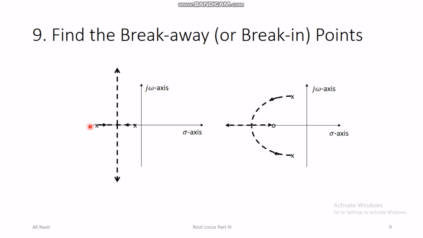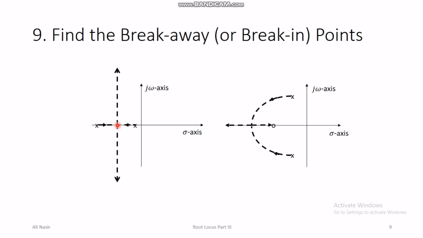The first example is that there are 2 poles, and their root locus is such that this is the open loop location of the pole, this is the open loop location. When you start to increase the gain, this pole moves this way and this pole moves this way. And when both of these poles meet in the middle, they break away.